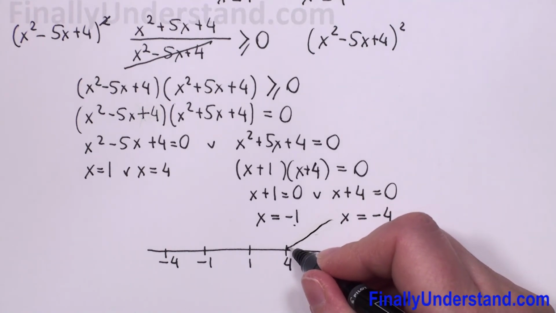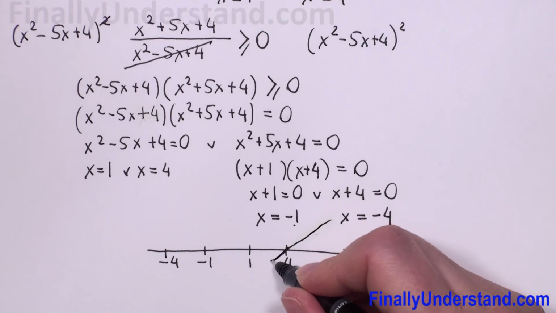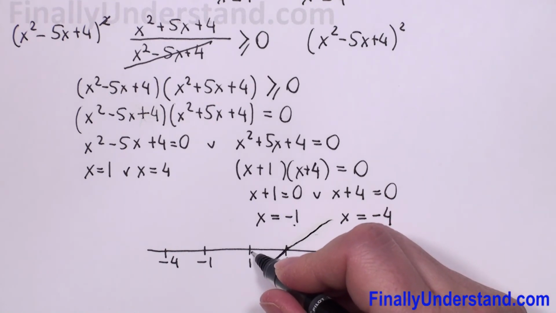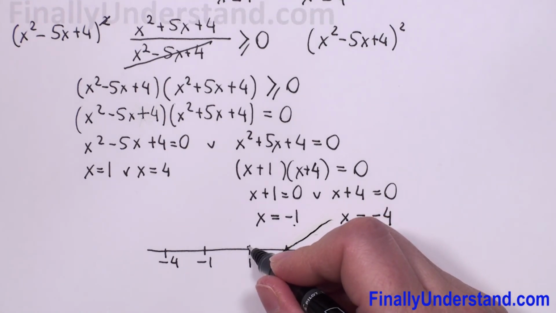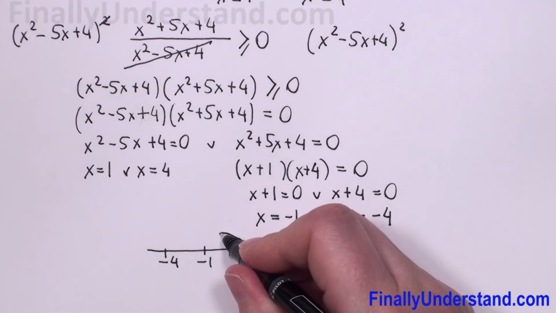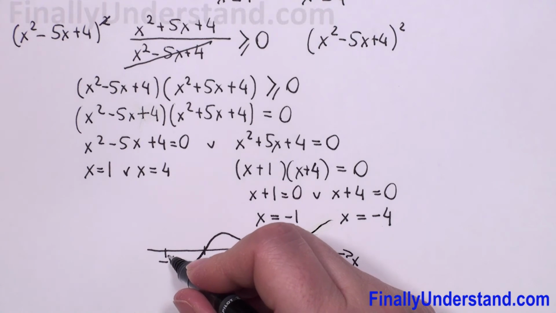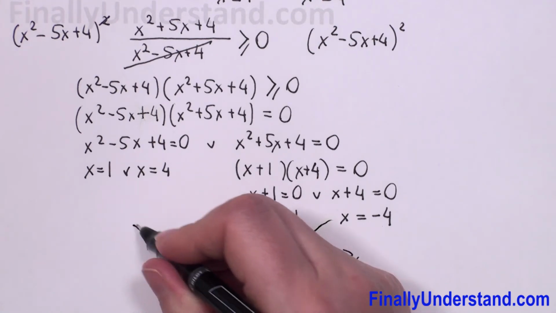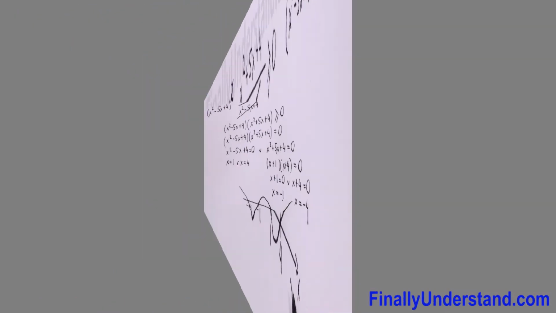And because 4 repeats 1 time, it's an odd number. It means we have to pass 4 and we go to the next root. 1 repeats 1 time. It means we can pass this root, and negative 1 and negative 4 the same. So we just passed these 4 roots.